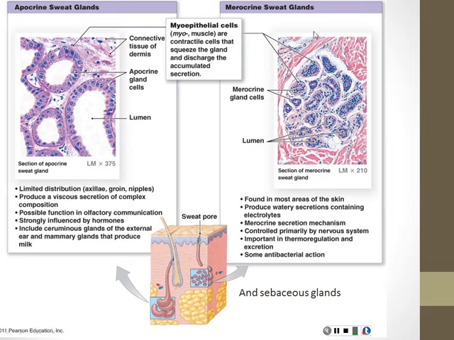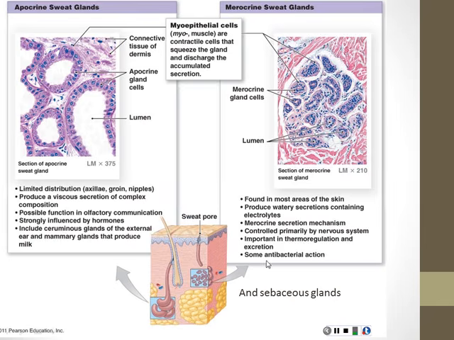When you think sweat gland, what you're usually thinking of are the merocrine sweat glands. These are the sweat glands that produce a very watery solution that has a little sodium chloride, a little salt in it. And their purpose is to cool the body down, by putting a little water on the skin, and that water evaporates, it takes heat away with it. So it's a kind of evaporative cooling mechanism.